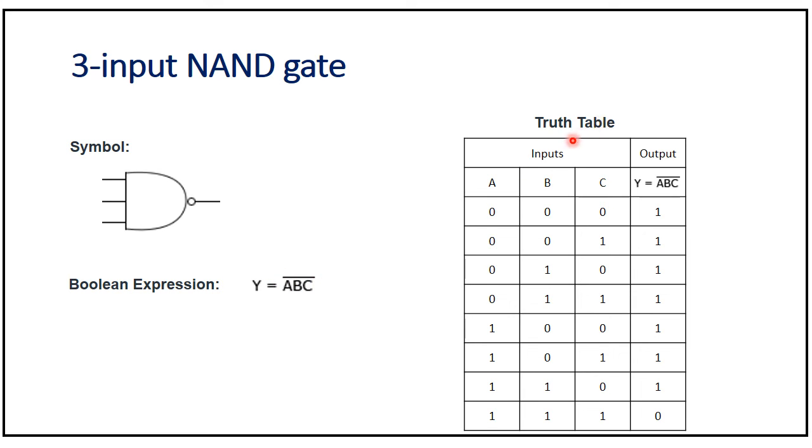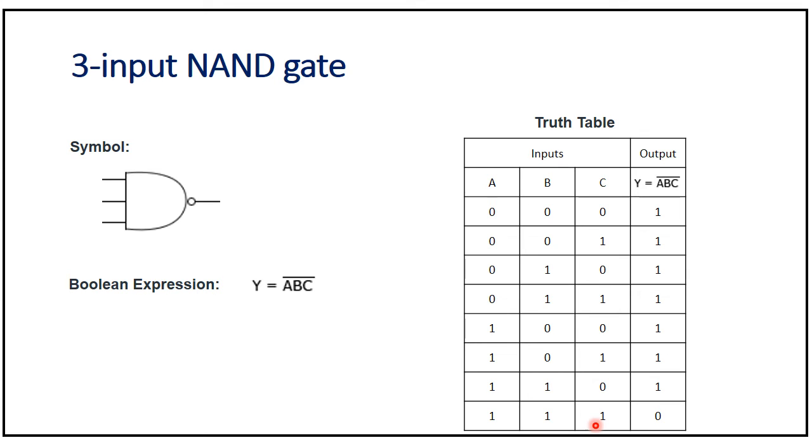Truth table. The NAND gate has 3 inputs A, B, and C, and 1 output. Y is equal to A, B, C, and its complement. In this case, we can see the output is 1 if any one input is 0, and it will be 0 if all inputs are 1. So we can say it's an inversion of AND.